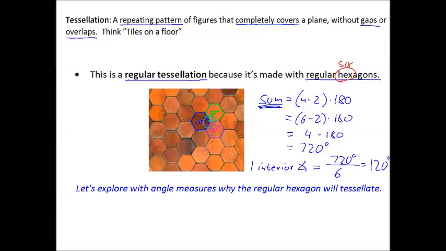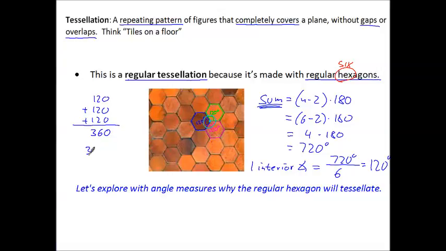Saying it in different words, if we add the three angles together, what do we get for a sum? 120 plus 120 plus 120 is 360. 360 degrees is the measurement of a circle. So those three interior angles of our three hexagons together make up exactly the number of degrees that a circle needs. So there's no gap.